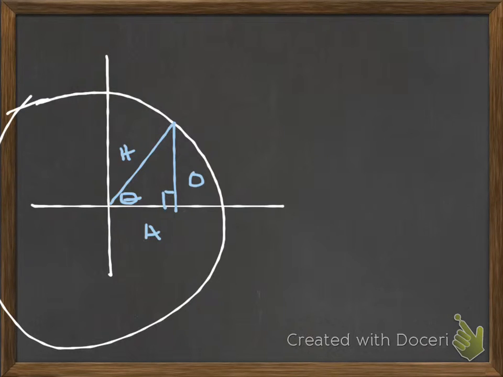So now we're going to kind of redefine this in terms of x's, y's, and r's. So the adjacent side, notice, is lying on the x-axis. My opposite side is lying on the y-axis. And my hypotenuse is what we call the radius in terms of the circle. So we are familiar with SOHCAHTOA.